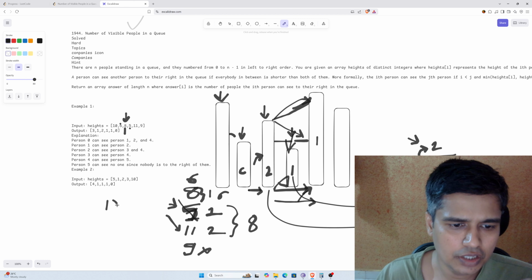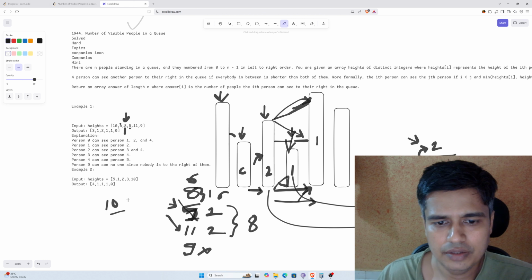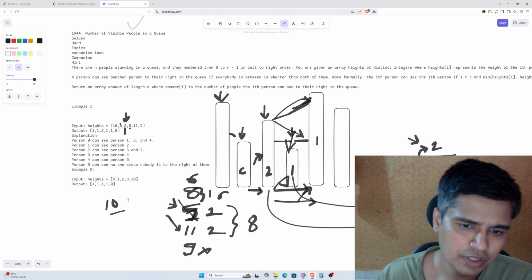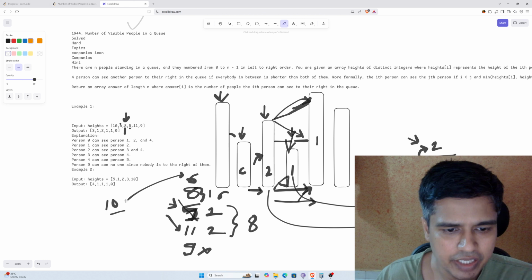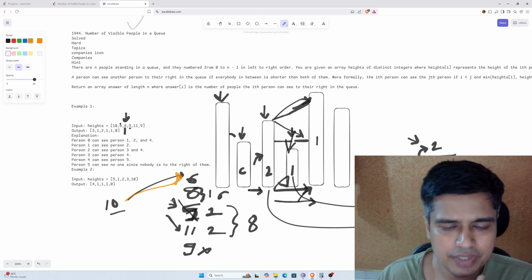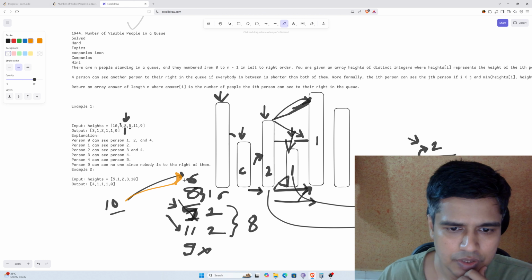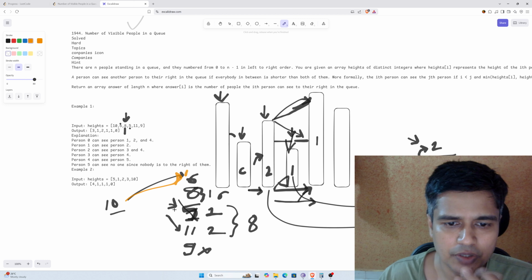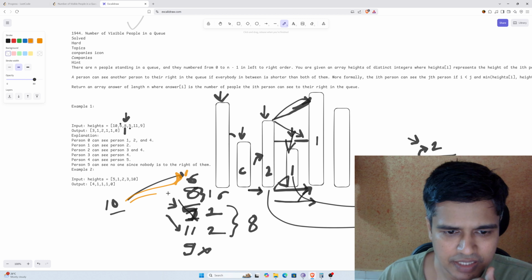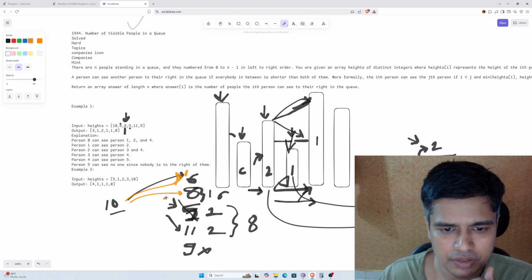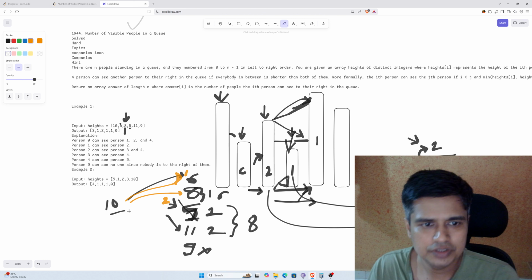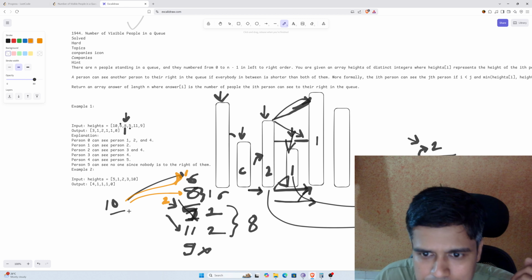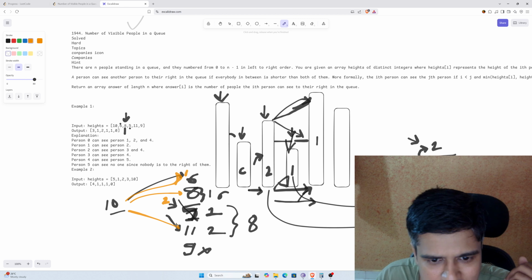Now there is a tallest guy, a 10. 10 says, what can I see with my eyesight? 10 will say 6 is very shorter than me, I can see it. So 1 person I can see. Then it says that 8 is also shorter than me, then I get the count 2. Then because this 5 is no longer there, it will go to this guy 11.